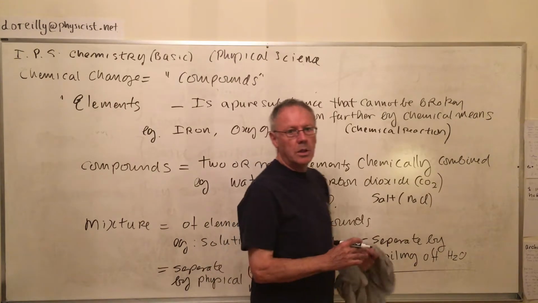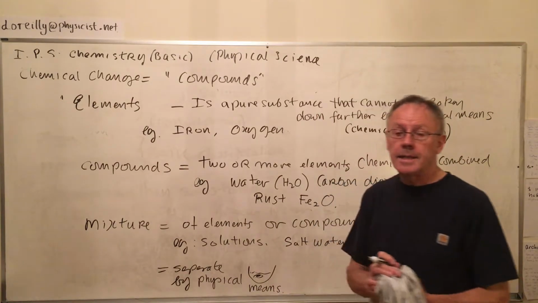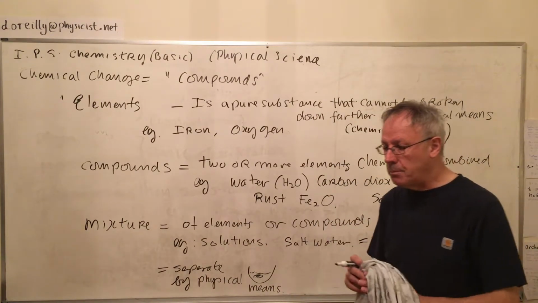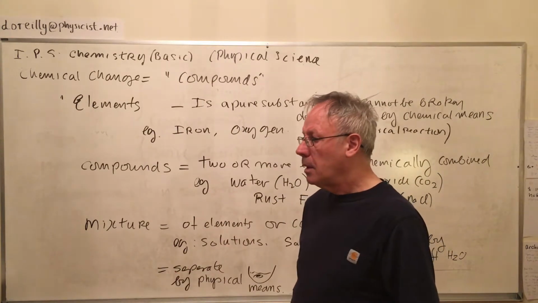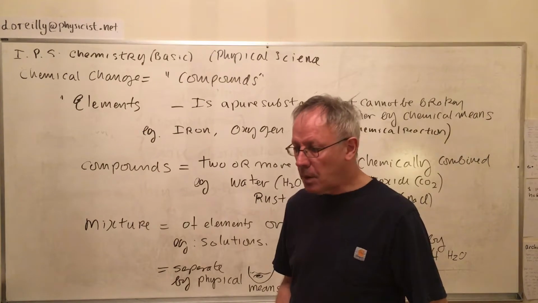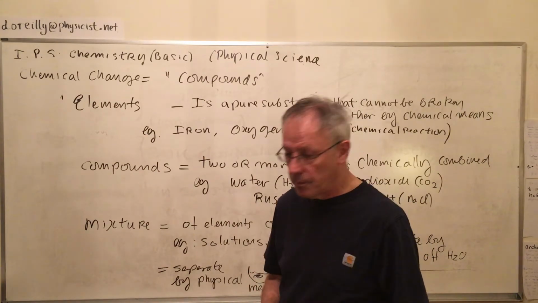For compounds, you can only separate the elements by chemical means. For mixtures, you can separate them by physical means. That means heating, straining, using a magnet, all sorts of things like that. Okay? So now let's look closely at elements on their own.